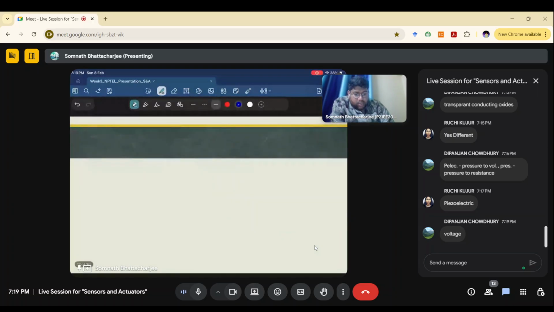Now let's move on to the next one. Question number 8. Resistive sensors are one of the most widely used sensors.